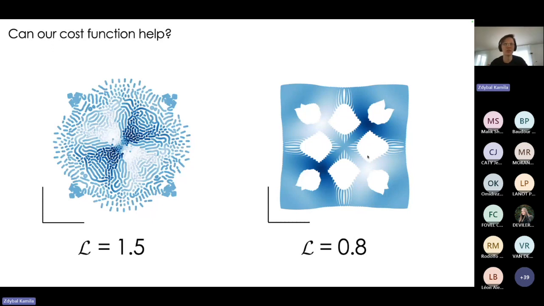So this is the reason why this thread-like structure in the t-SNE embedding creates a higher cost. And our metric pays attention to these feature sizes. So if there's different feature sizes at very small length scales, it would pick that up.